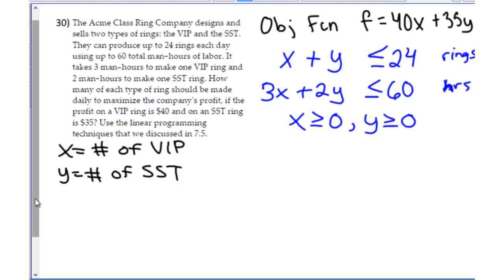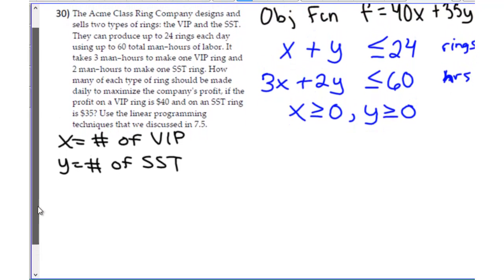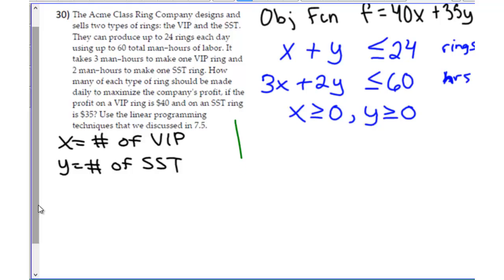Okay, so now we are going to graph what I have in blue. We're in the first quadrant. So I look at this and I'm for graphing by intercepts. If I cover up the y here, my x-intercept is 24. If I cover up the x, that means my y-intercept is also 24. So I can draw that line going between 24 and 24.